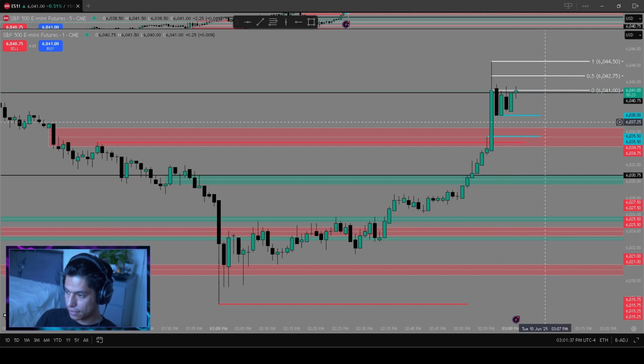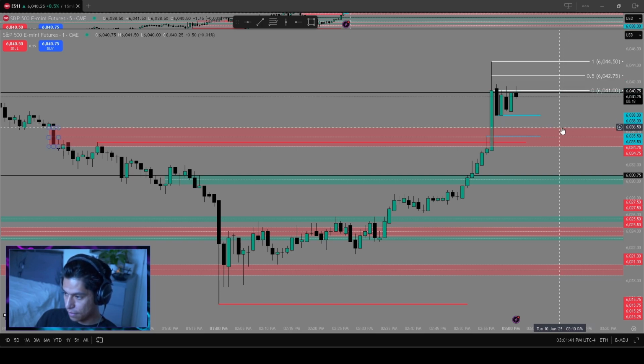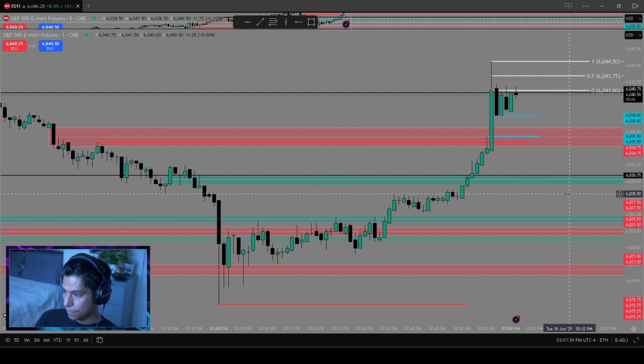And then we can use this and see if this acts as support, and if it does not, then we can go lower. And then if I were to sell, I'd want it to come back up to here and then go lower. But price can be unpredictable. That's why you want to read what each candle is doing.